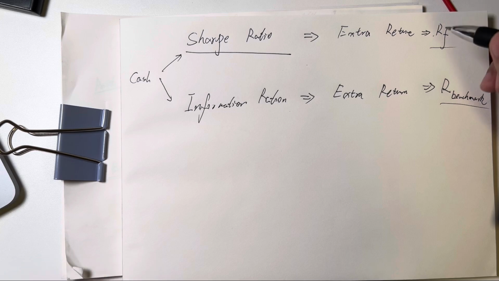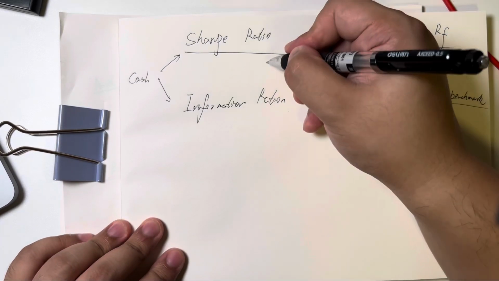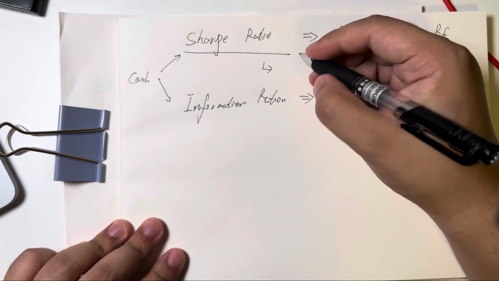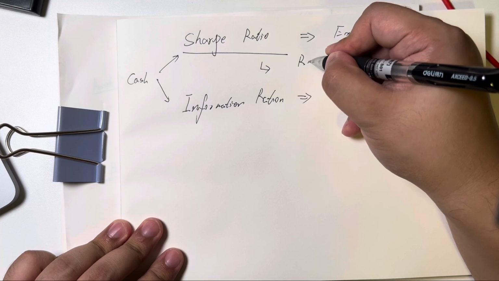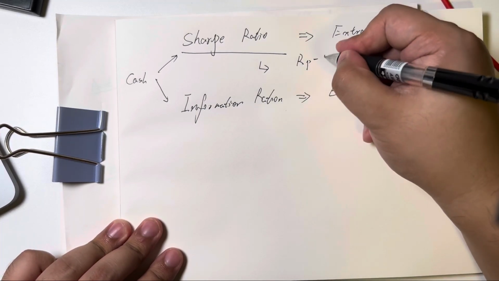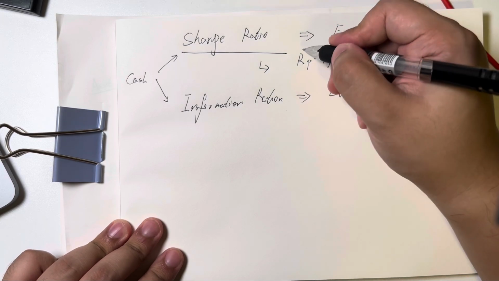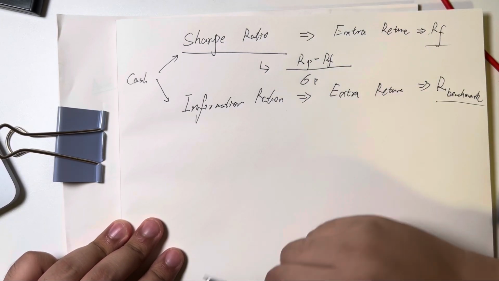So if you look at the formula of the Sharpe ratio, let's go a little bit quant here. The Sharpe ratio will be the return of the portfolio minus the risk-free rate, so it's the extra return, and we divide it by the volatility of the portfolio.